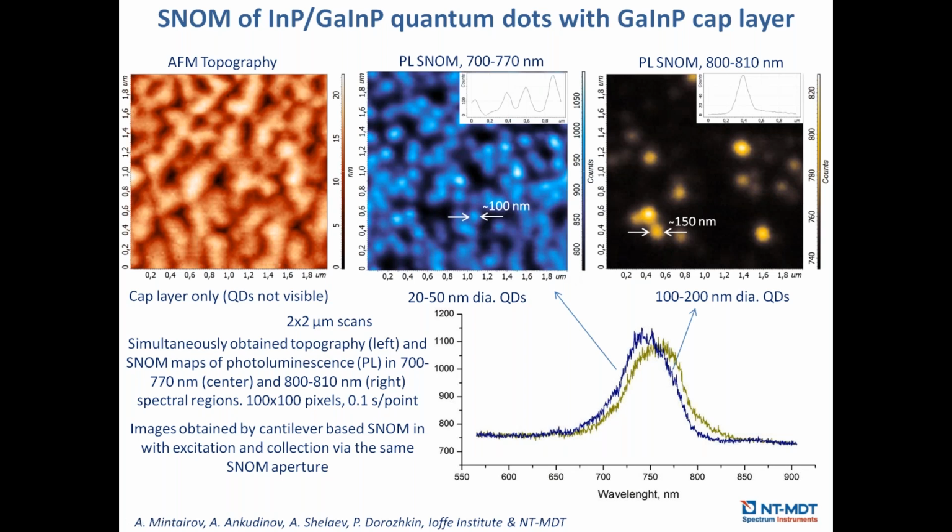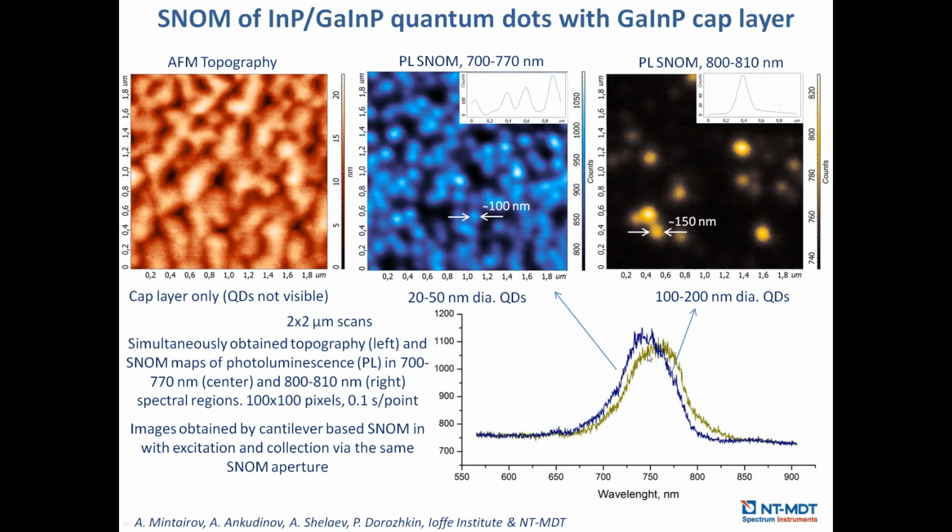There are two types of quantum dots. First, they have a size of about 20 to 50 nanometers in diameter, and another type has about twice bigger size, which also affects the emitted spectrum, because different modes can be excited in bigger quantum dots.